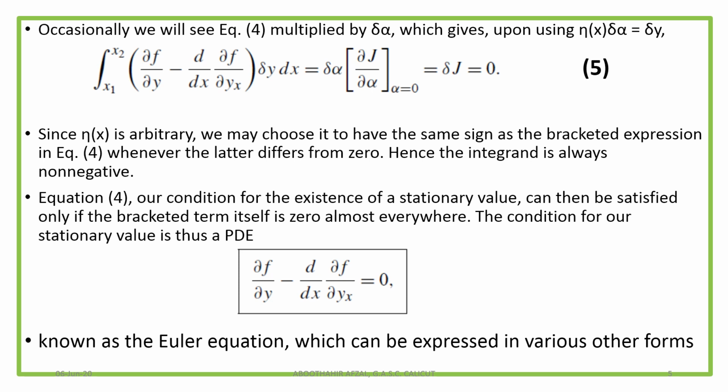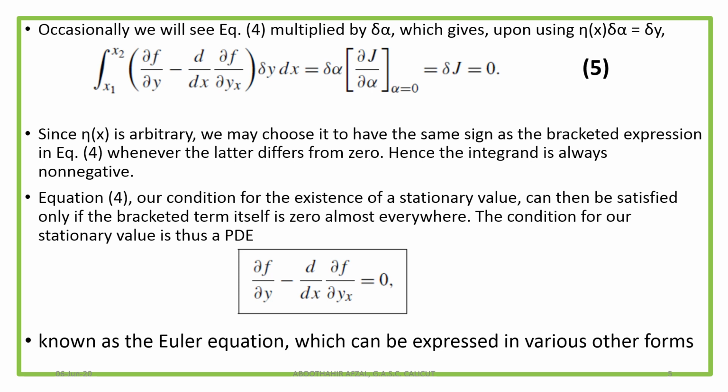Therefore, in other words, if I have a quantity J which is a functional of f, where f is a function of y and y_x, if f satisfies this Euler equation, then the value of J will be extremum. So that is what we conclude. Remember once again the Euler equation: ∂f/∂y minus d/dx of ∂f/∂y_x equal to 0.